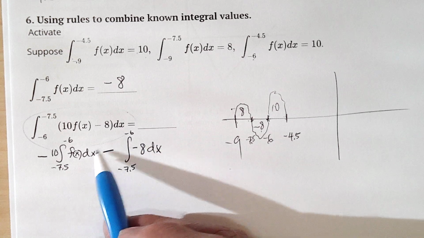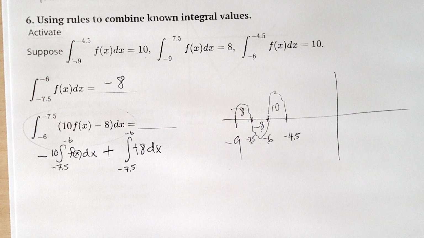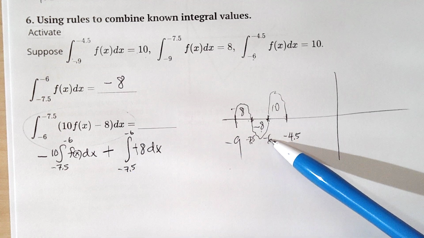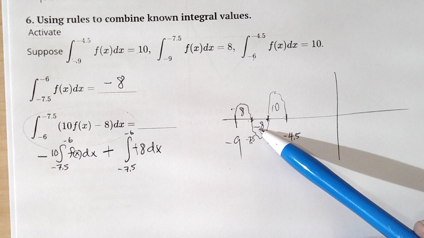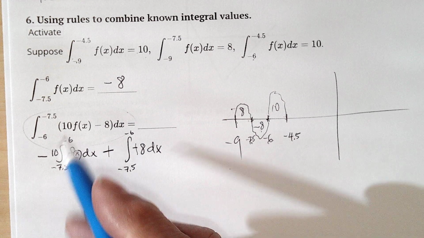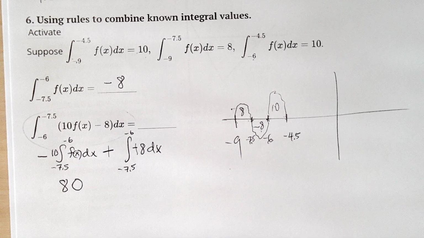The negative can come out, and that'll change this to a plus. And from -7.5 to -6, the area is -8. And if we take it times the -10, we get a positive 80.